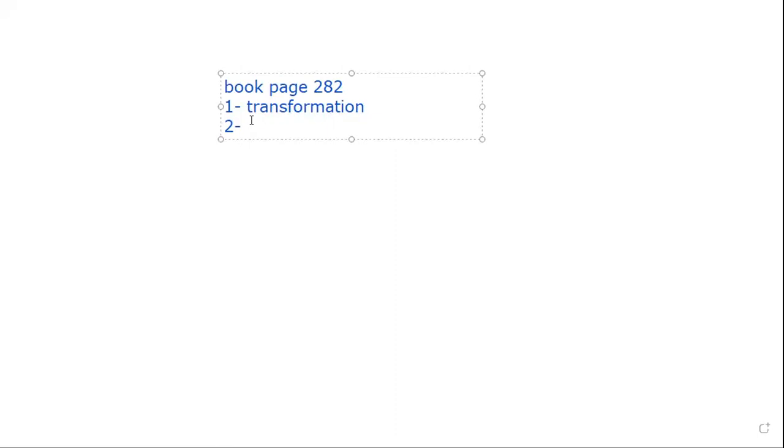Thank you. Second part. Image. Image, yes. So for question number 2, we have two spaces. The first space is pre-image, and the output of the transformation is called image. Thank you. Let's move to Ahmad Rashwan.